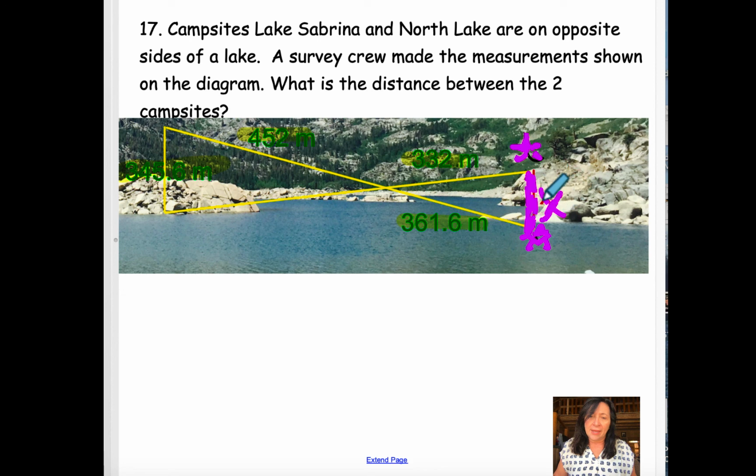X marks the spot. Okay, so to find that value, I'm going to make a proportion. I'm going to go small to large. A couple of things. Number one, we also know this is congruent to this. Those are vertical angles. They did say that they were similar, meaning this angle up here is congruent to this angle down here.